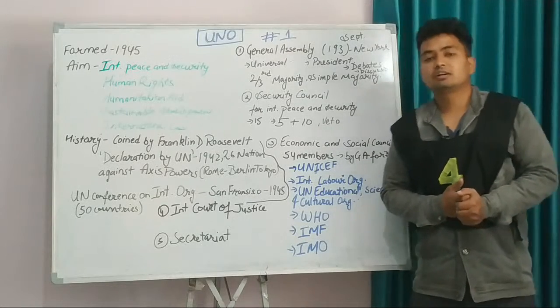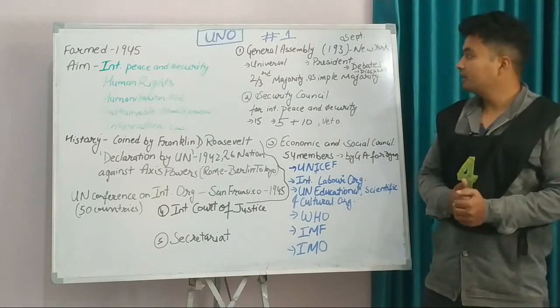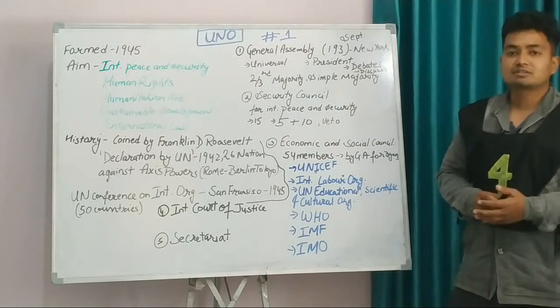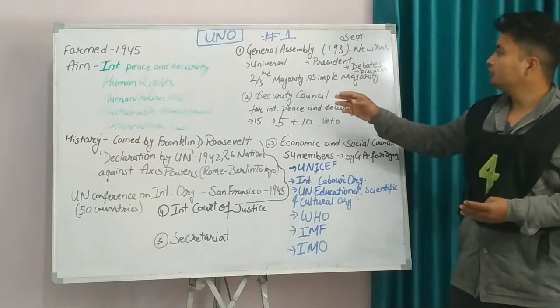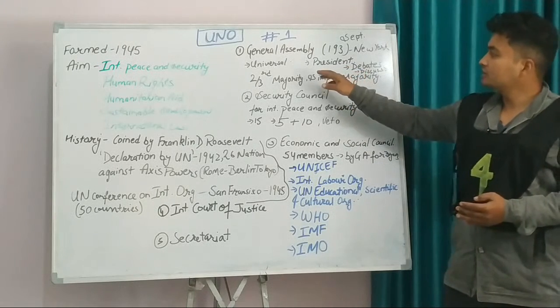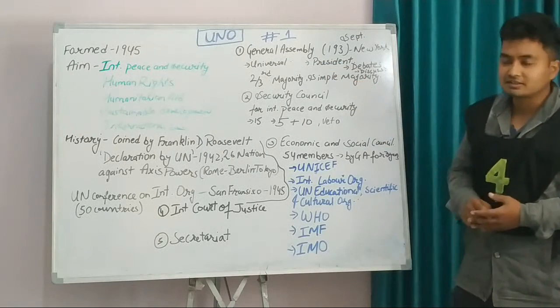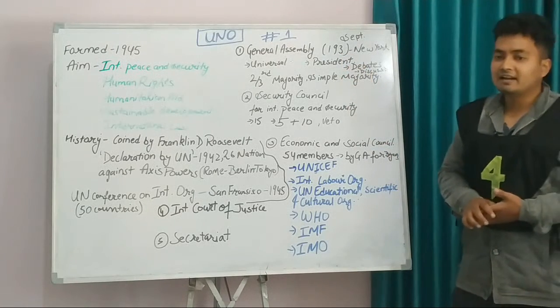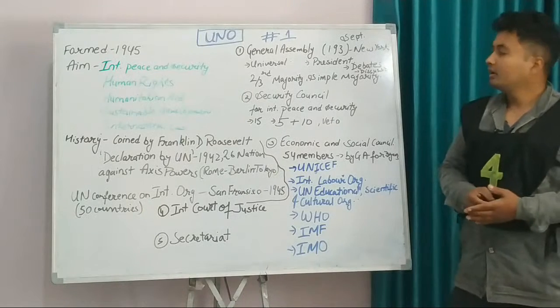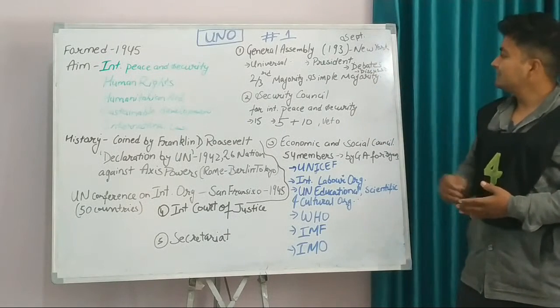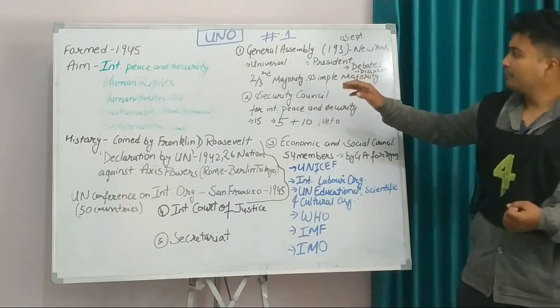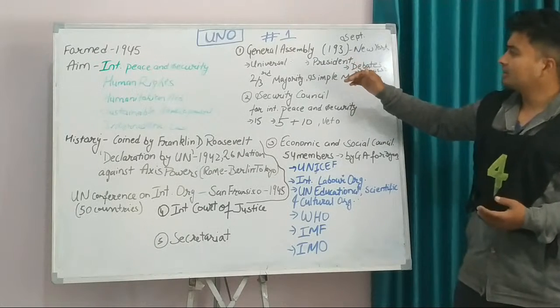Now, if you see the structure of UNO, currently it has, first of all, the General Assembly, in which 193 members are there. It is the only part of the UN in which universal representation is there, as 193 countries participate in it. The meeting is held in New York in the General Assembly Hall every year in September, and the president is chosen among the 193 members in the General Assembly only.